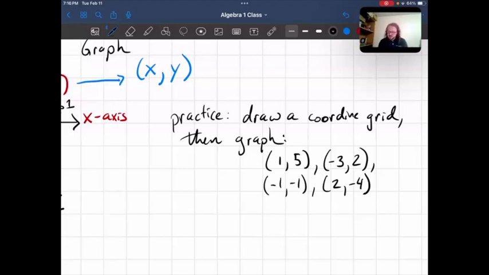I said draw a coordinating grid. Draw a coordinate grid. That's my bad.